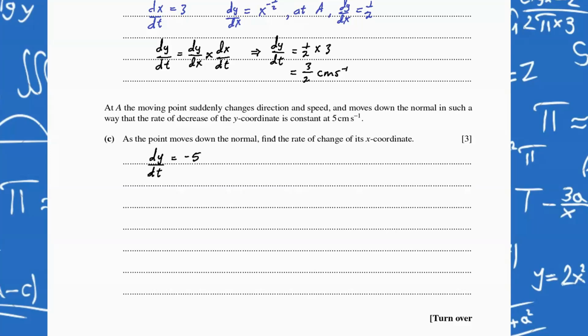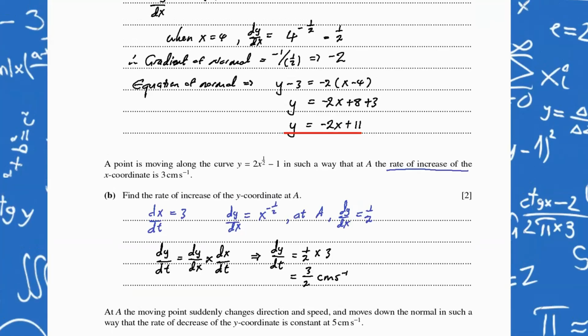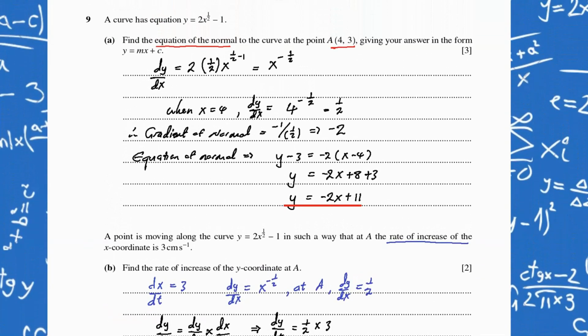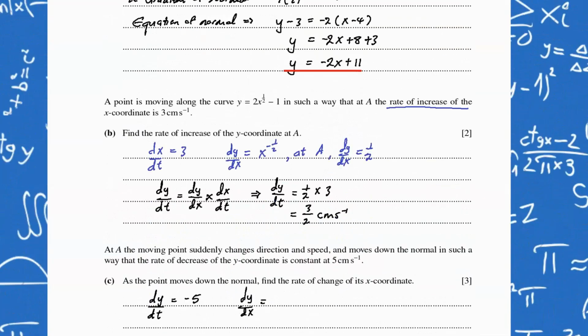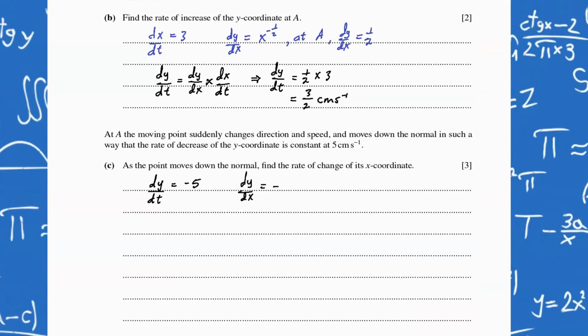All right, and here they're actually saying that the moving point is now moving down the normal, and we know that the dy by dx for the normal, the gradient of the normal, we had gotten that at A to be minus 2. So basically that has to be minus 2. And now they want us to find the rate of change of the x coordinate.